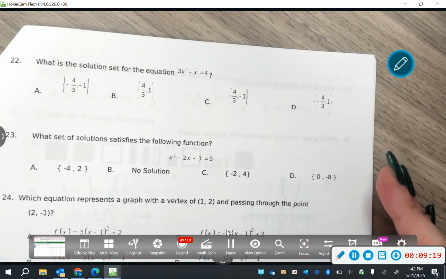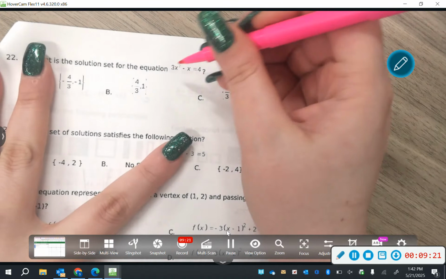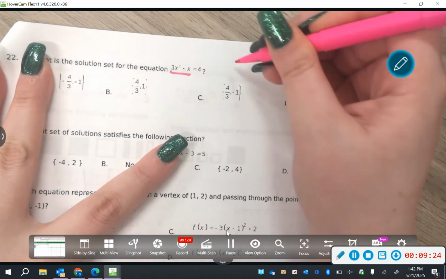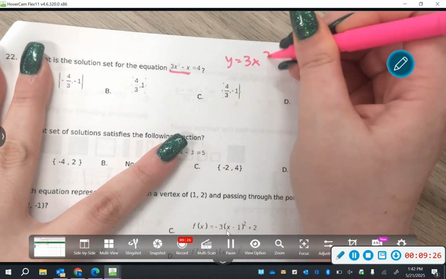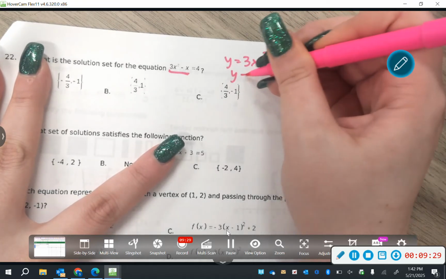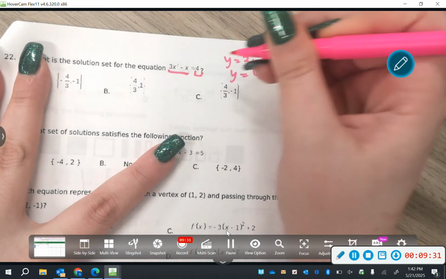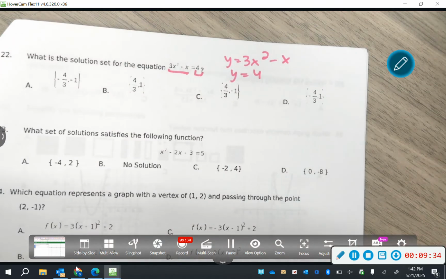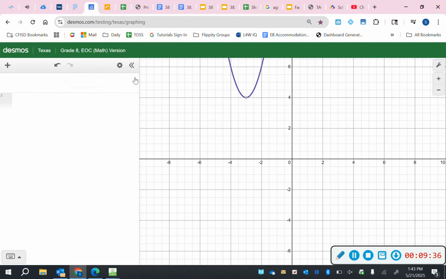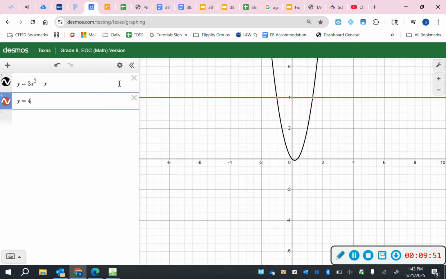All right, for 22, I'm going to plug this in my calculator, row 1, row 2. In the first row, we're going to plug in y equals 3x squared minus x. And then plug in y equals 4 into the second row. Go see where they cross. They cross at -1.